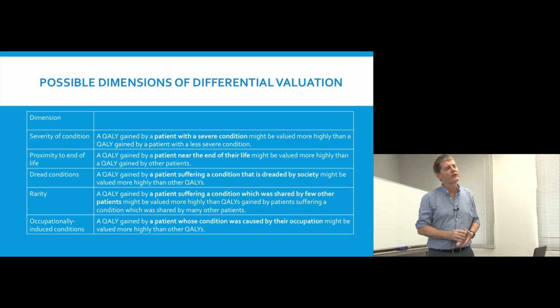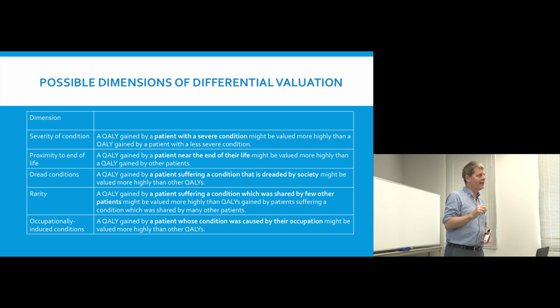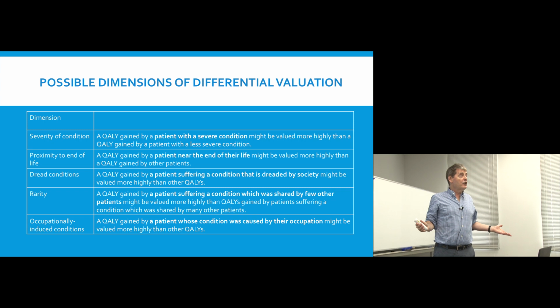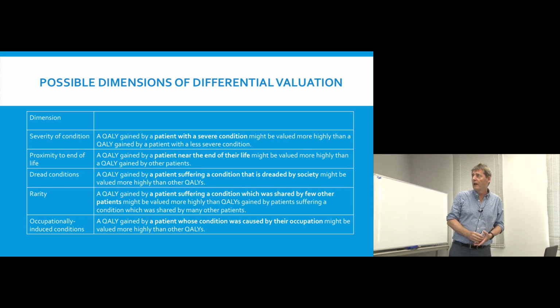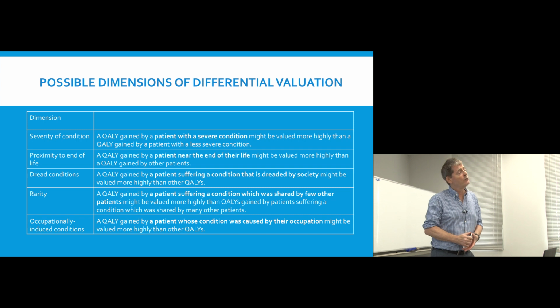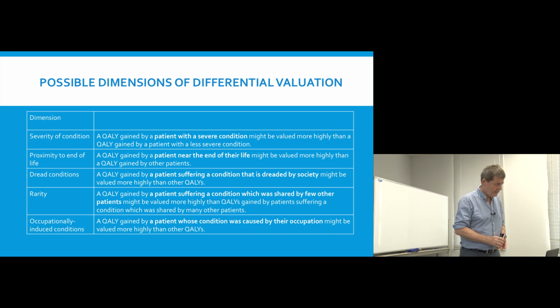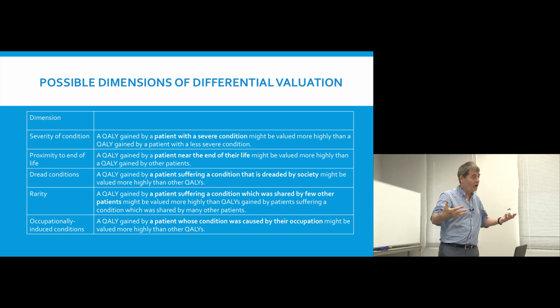And the idea is this: a quality adjusted life year gained by a patient with a severe condition, by severe condition perhaps we could say a condition with a very poor prognosis, such a QALY might be valued more highly than a QALY gained by a patient with a less severe condition. Now, they're both gaining a QALY, but maybe we value the gain to one person more highly than another.